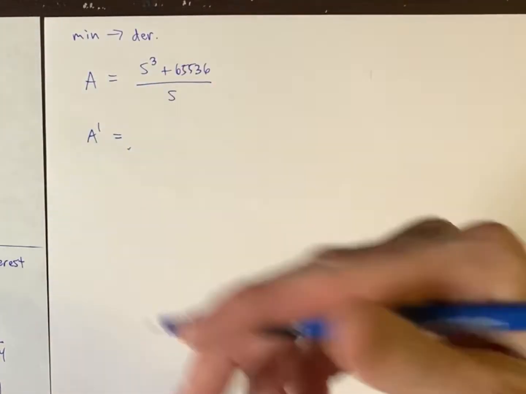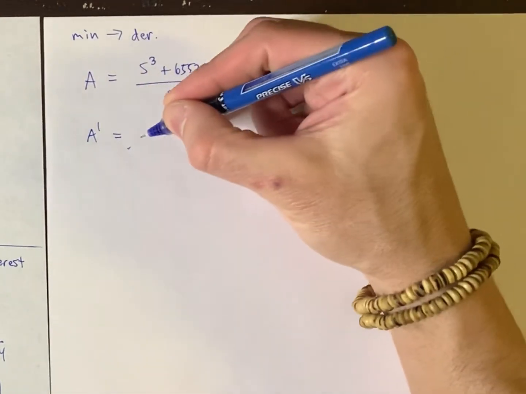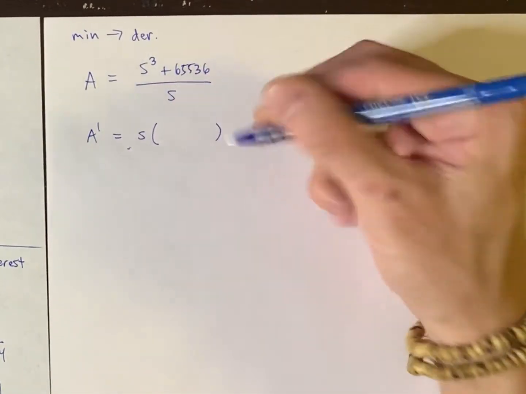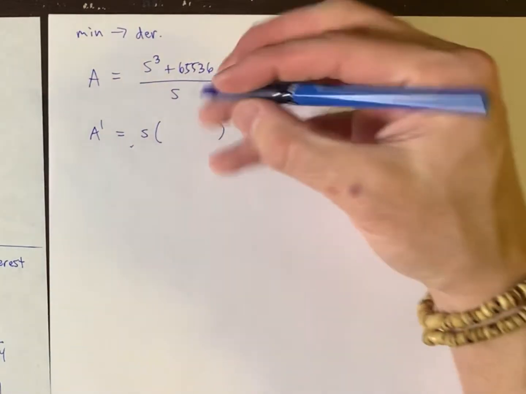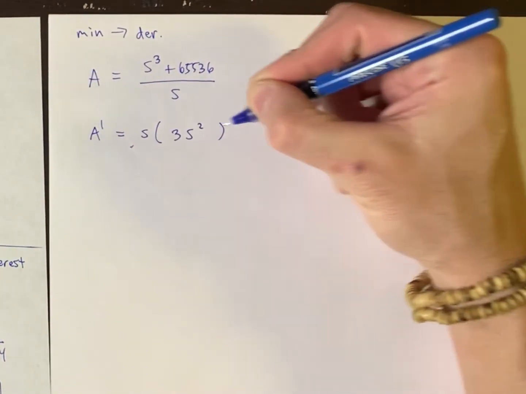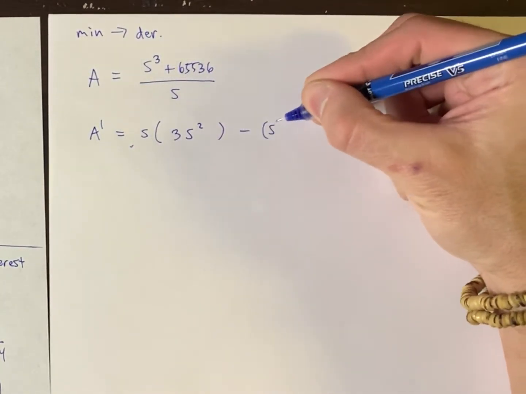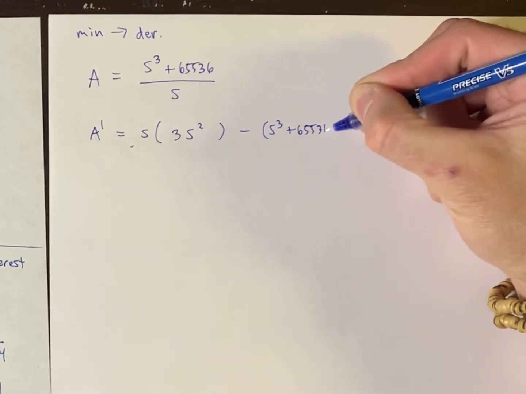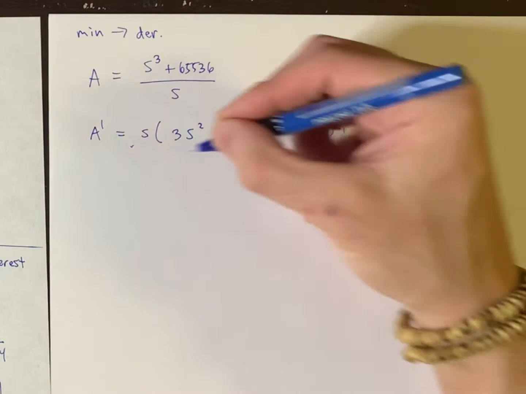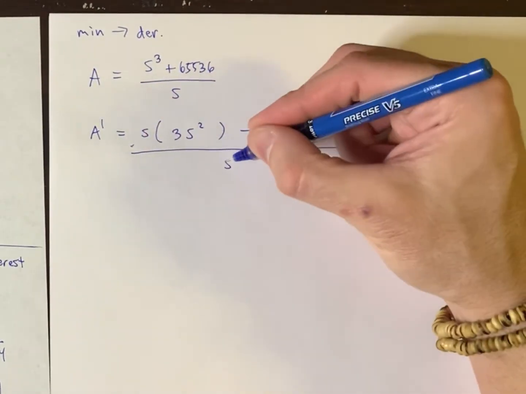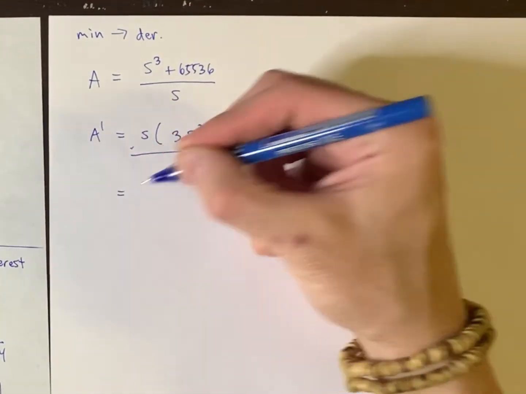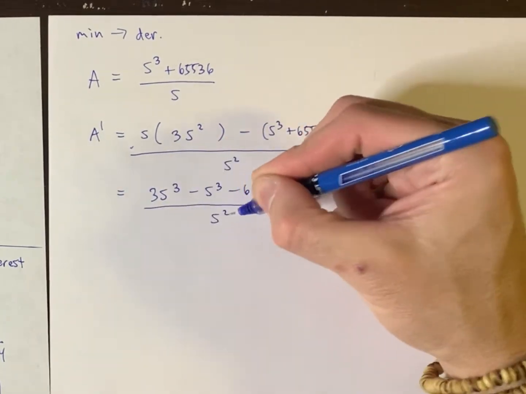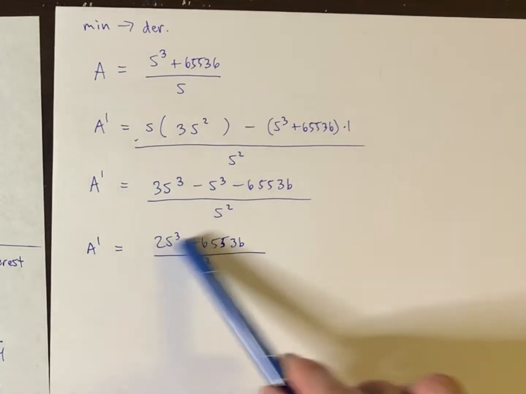And let's apply the quotient rule, where it's the bottom times the derivative of the top, which is just 3s squared, minus the top is this here, times the derivative of the bottom, which is just 1, over the bottom squared. And we can clean this up a little bit. So this is our first derivative.